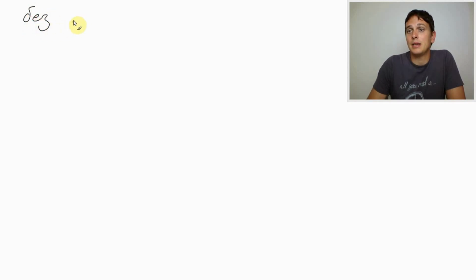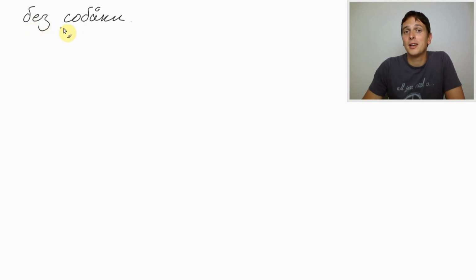Без meaning without. And let's take без собаки, without a dog. Собаки is in genitive. So we use без only with genitive nouns. And the nominative word for dog, the way you will find it in the dictionary, I already told it to you, собака.